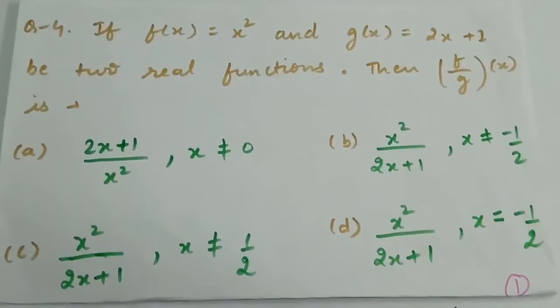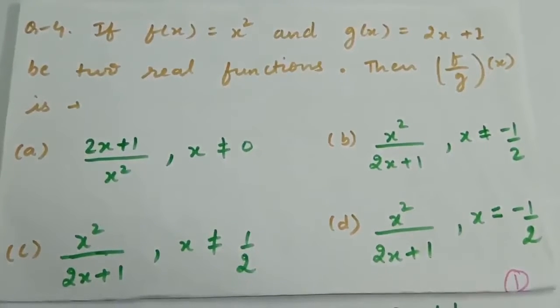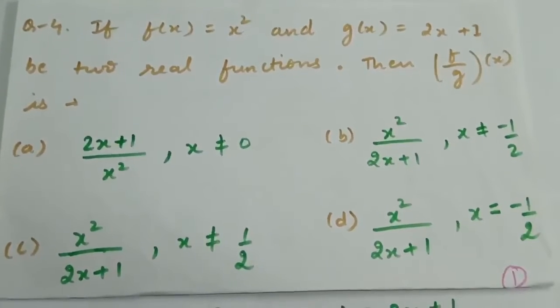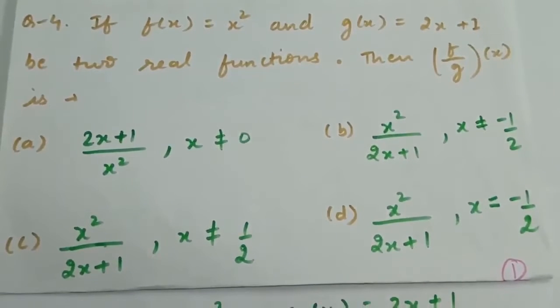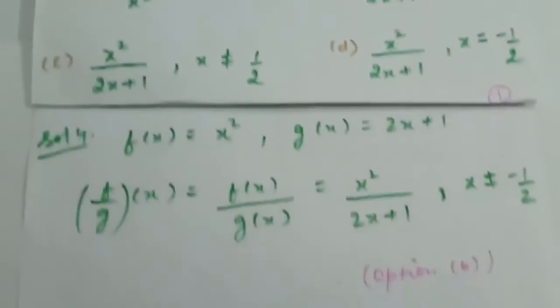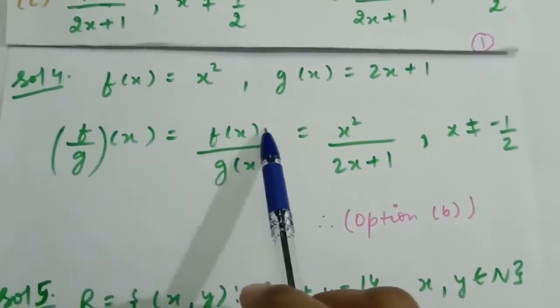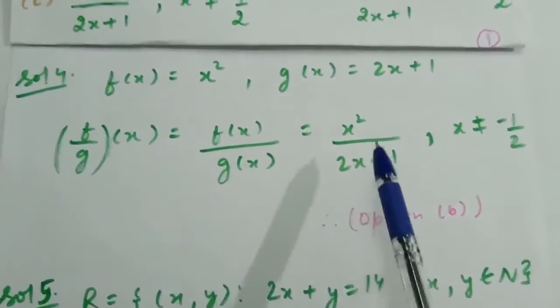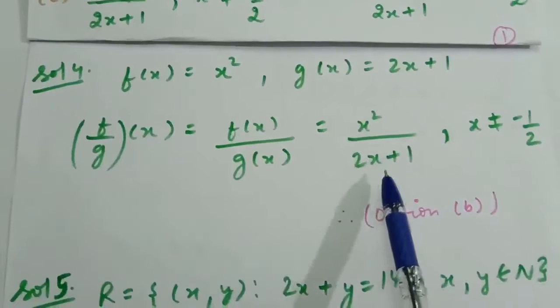Question number 4th. If f(x) is given as x square and g(x) is equal to 2x plus 1, be two real functions, then f upon g (x) is, so f upon g (x) we all know is f(x) upon g(x). Now f(x) is x square, g(x) is 2x plus 1.